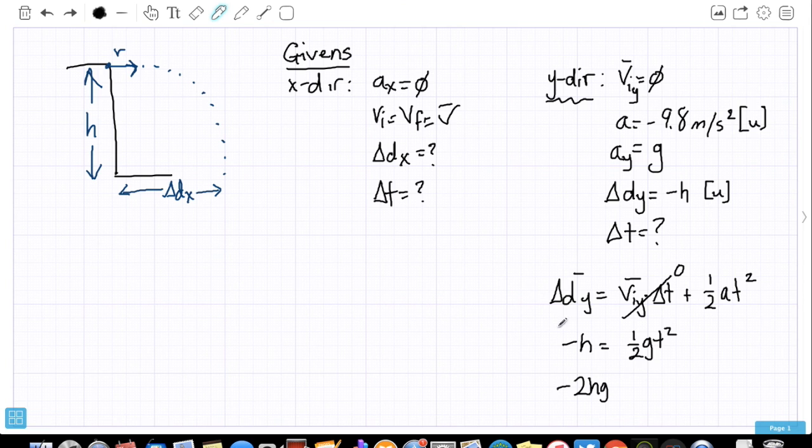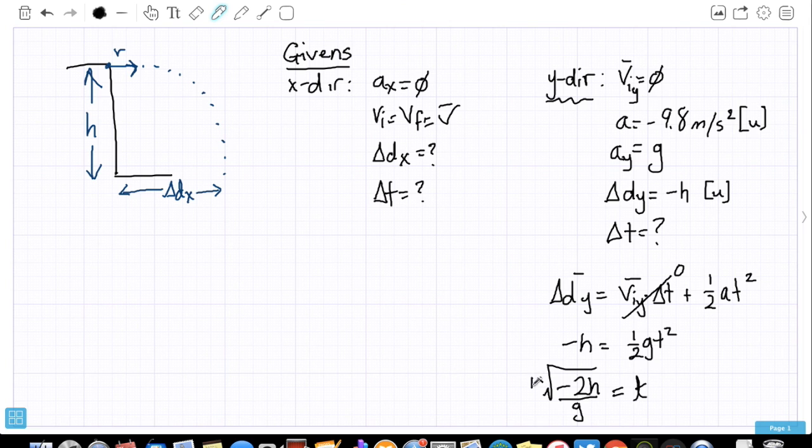That should be the square root of negative 2h, divided by g. So that's equal to t.